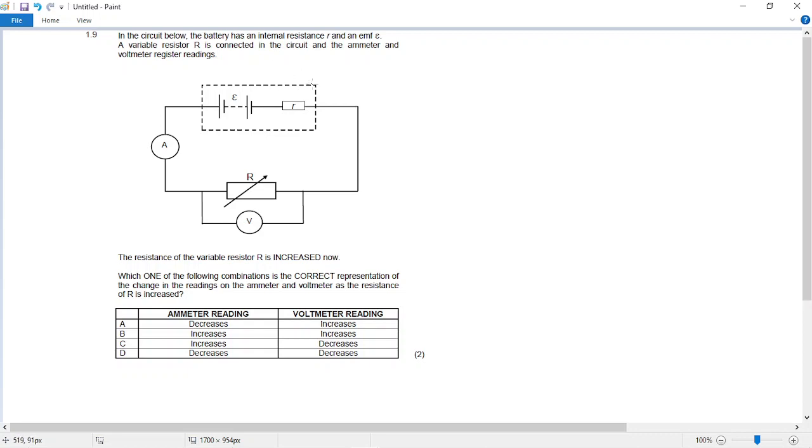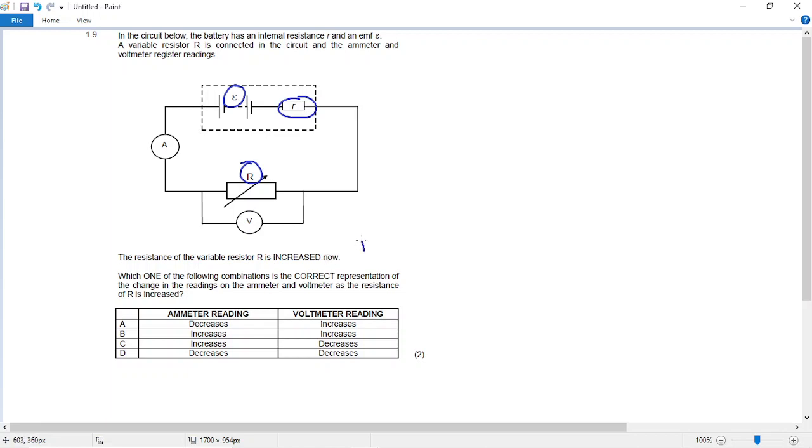Okay, it says in the circuit below, the battery has an internal resistance little r and an EMF E. A variable resistor R is connected in the circuit, and the ammeter and voltmeter register readings. This is basically your practical, so you should know what you are doing. It says to you the resistance of the variable resistor R is increased now.